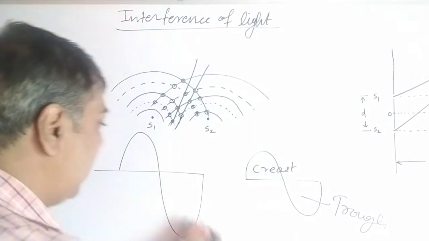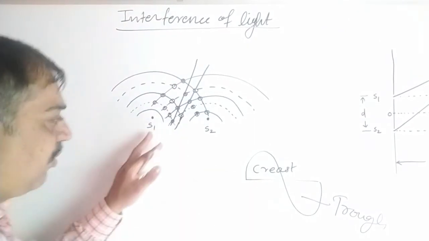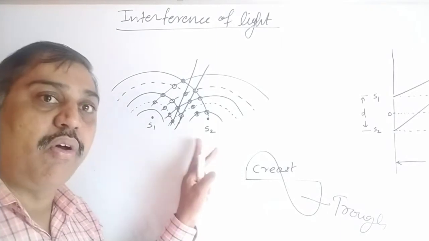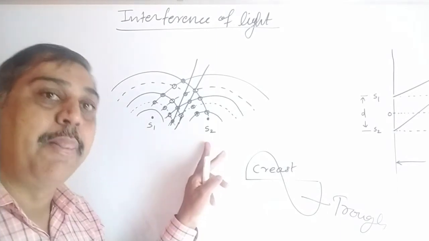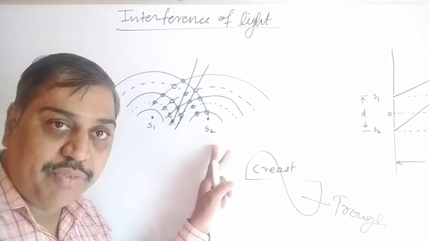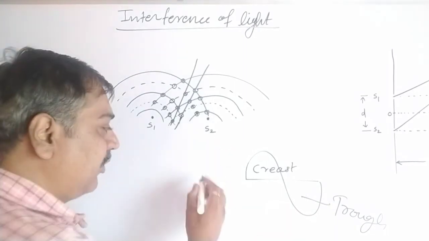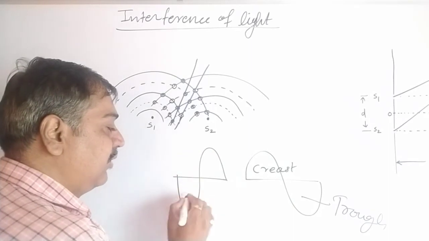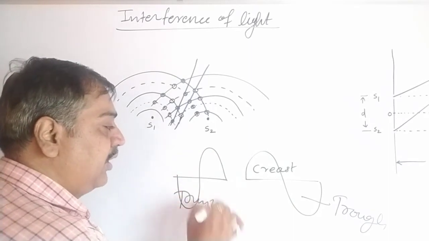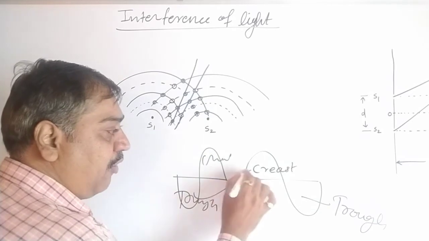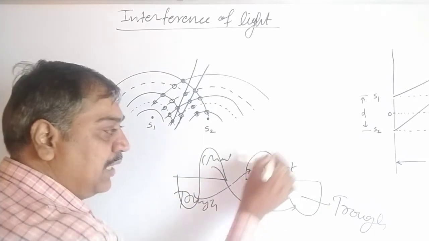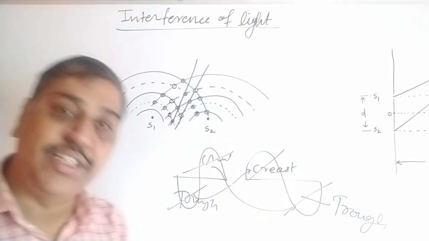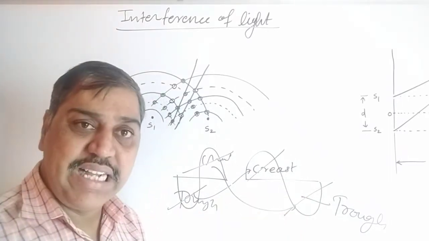Apart from this, exactly opposite to this, suppose the crest of first falls on the trough of second, as well as the trough of first falls on the crest of second. What occurs? This is the first part, crest and trough. The second part would be like this. So this would be trough, this would be crest. When trough falls on the crest, crest falls on the trough, this part cancels with this part. If there is a cancellation of this, what would be the resultant intensity?